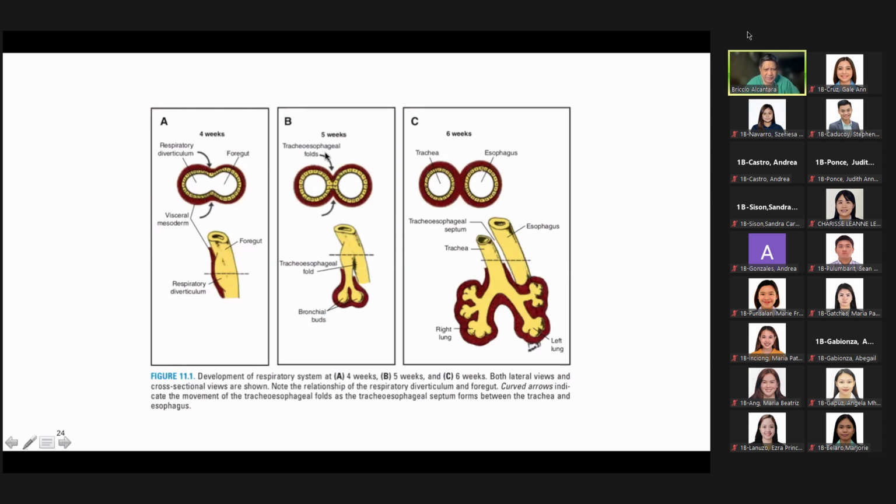So that is now your tracheoesophageal septum, which separated your trachea from your esophagus at the fifth week, class. Now, at the sixth week, you can see here you have now your right lung bud and your left lung bud there. Okay, so you have your bronchial buds at the fifth week, and you have now separation of those two structures.